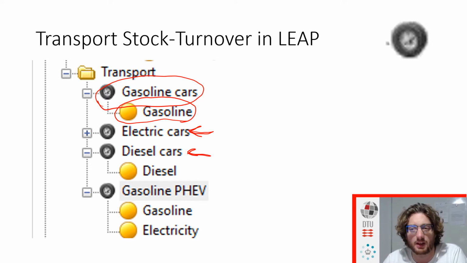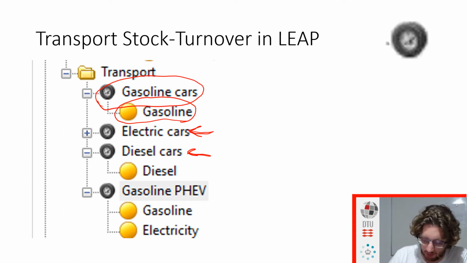We would just define them as cars and define the fuels between these, and then we would have minor changes year by year. But here we can have an actual representation of what's exiting the system and what's coming into the system, and whether there are not only energy efficiency differences, but fuel differences.